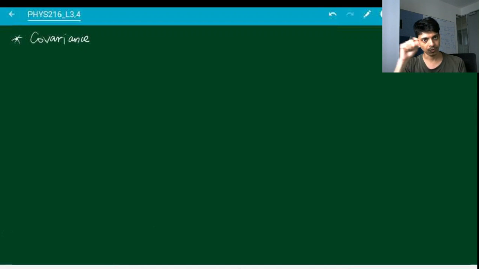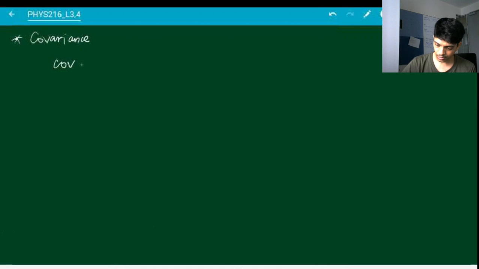So there is only x, or only velocity, or only height, or something like that. Now we can talk about distributions in 2 dimensions or multiple dimensions. So suppose there is an x variable and a y variable, and you want to find out how they are correlated. So we'll talk about the correlation coefficient in a bit. But the first step to doing that is to define something called the covariance.